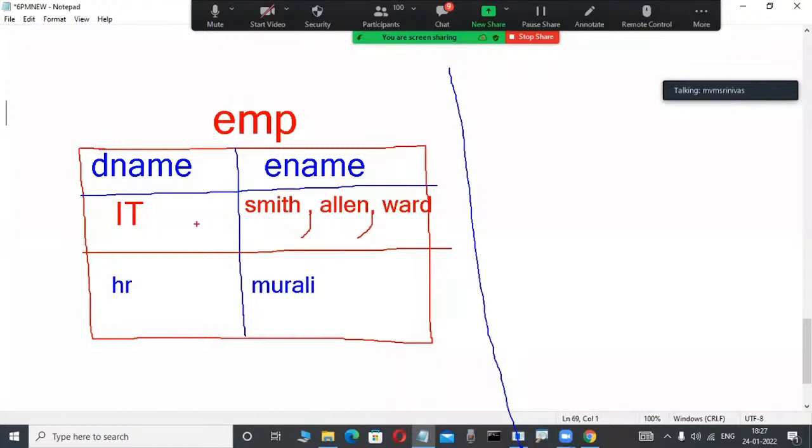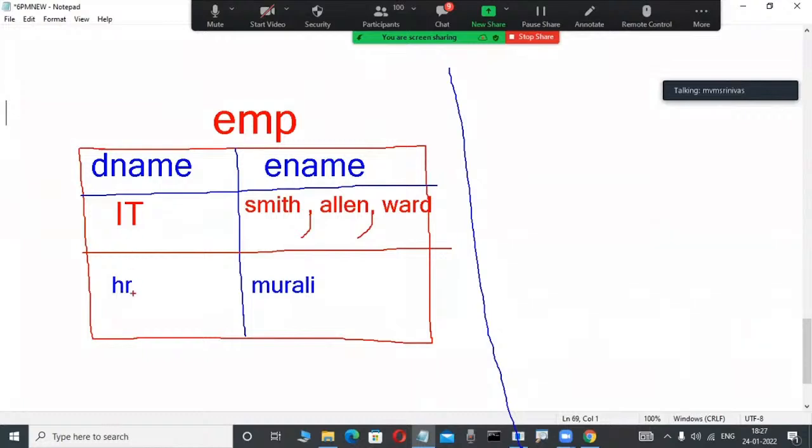Why? Because in any relational data model product, data is represented in the format of a table, and tables are implemented based on some rules. What is that? In this table, this is a cell, this is another cell, this is another cell. But every cell has a single value. Suppose this IT is a single value, there is no problem.